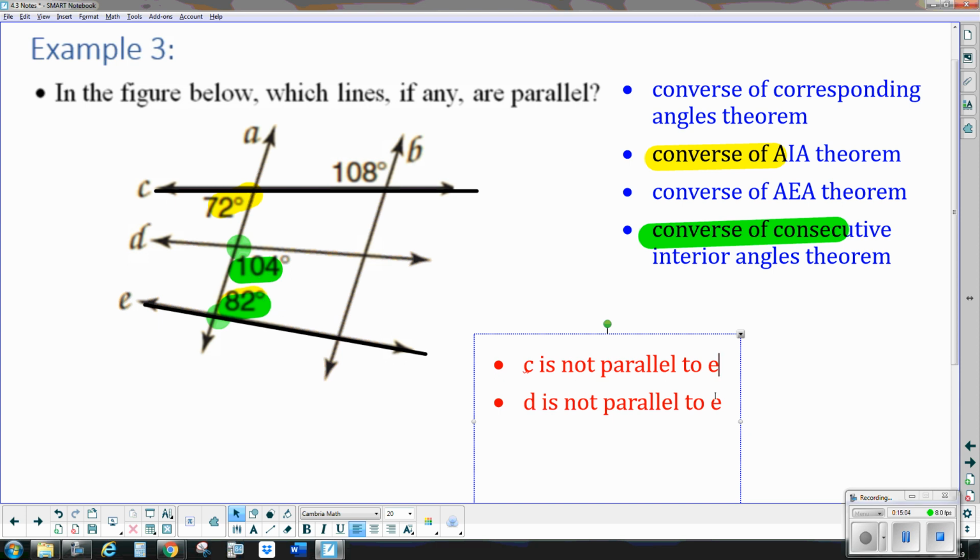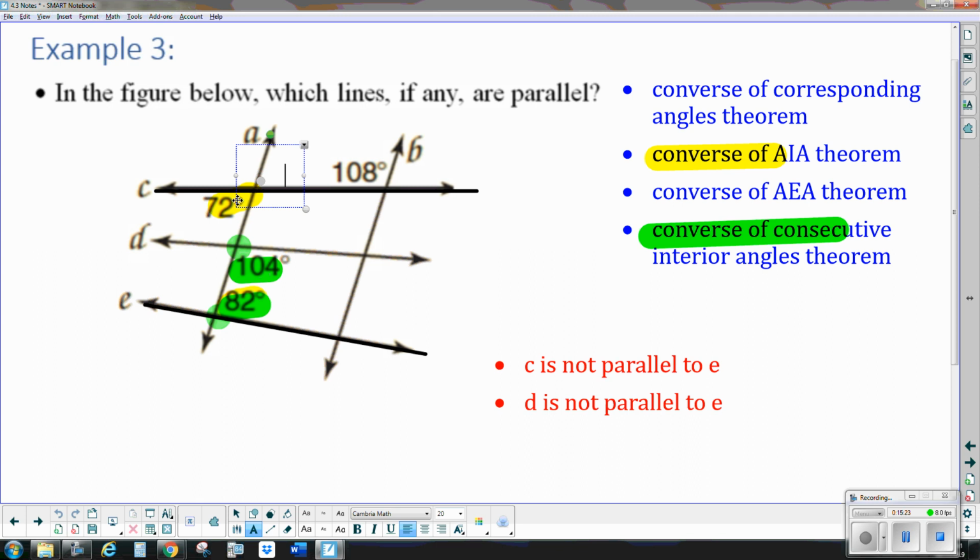If C and D are parallel, then corresponding angles will be congruent, alternate interior angles will be congruent, alternate exterior angles are congruent. So we need another angle. So I'm going to look here.